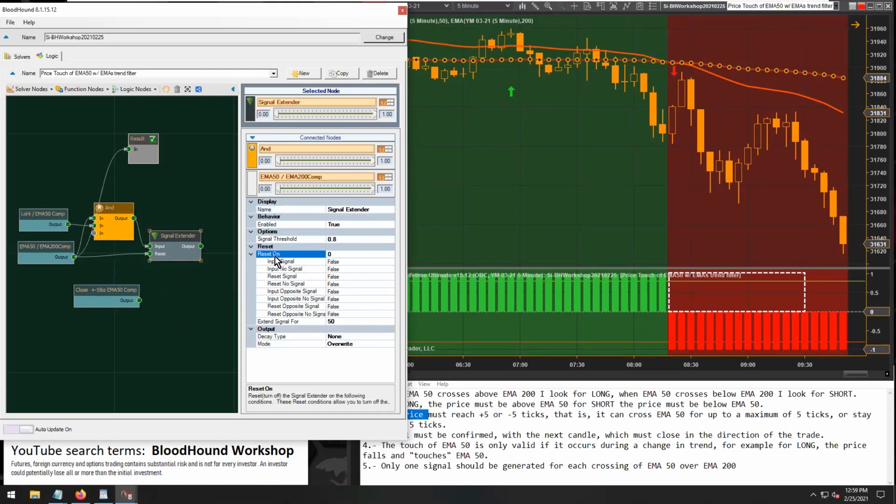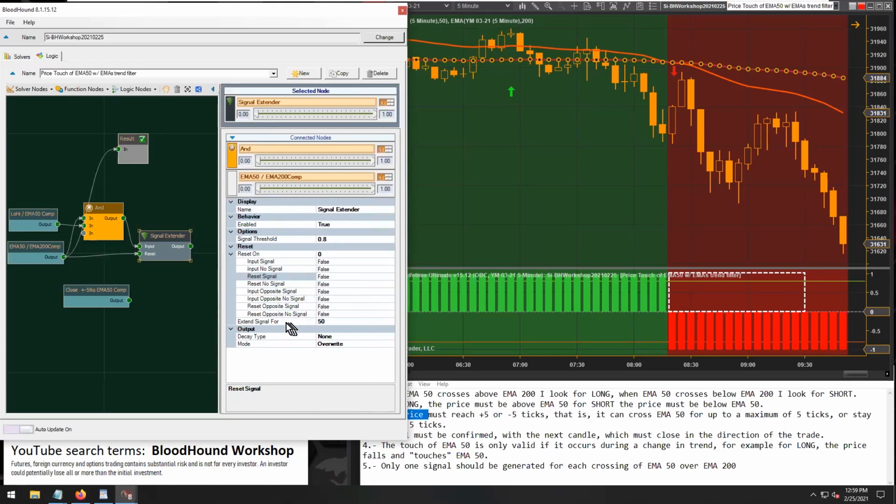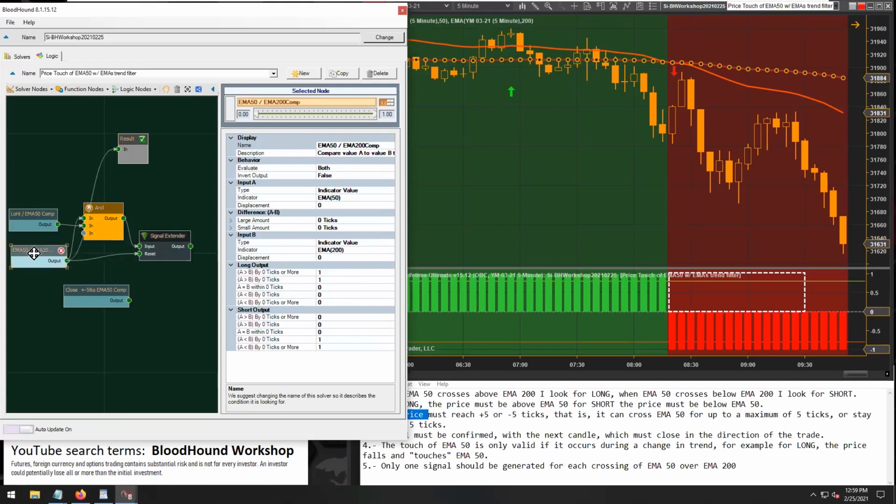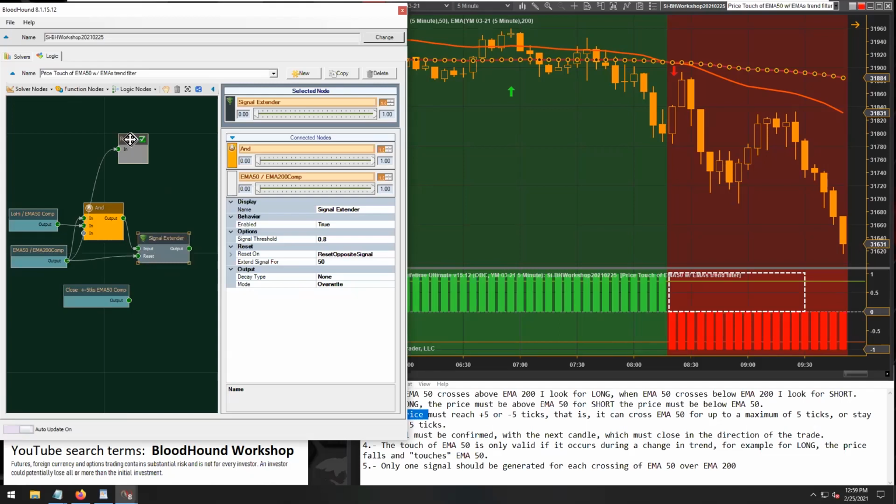So if I open up the resets, I'm going to use the reset opposite signal. There we go. Reset opposite signal. So previously I was using input opposite signal, but it's going to be better if I actually use this 50 above or below the 200 signal here to reset the signal counter.